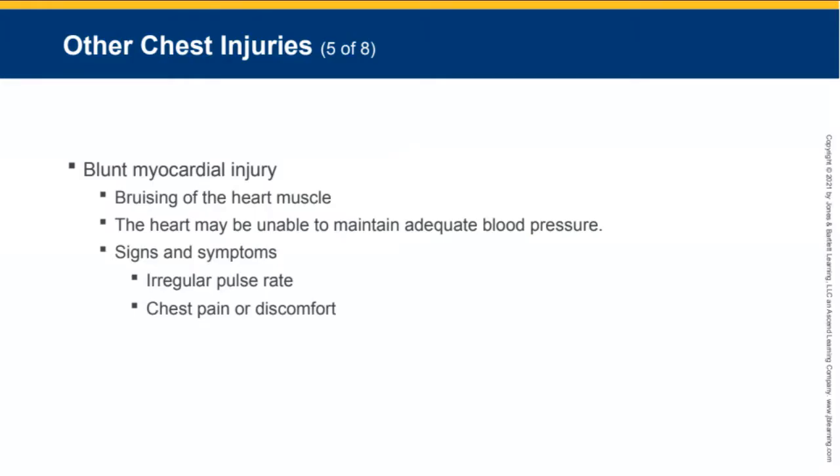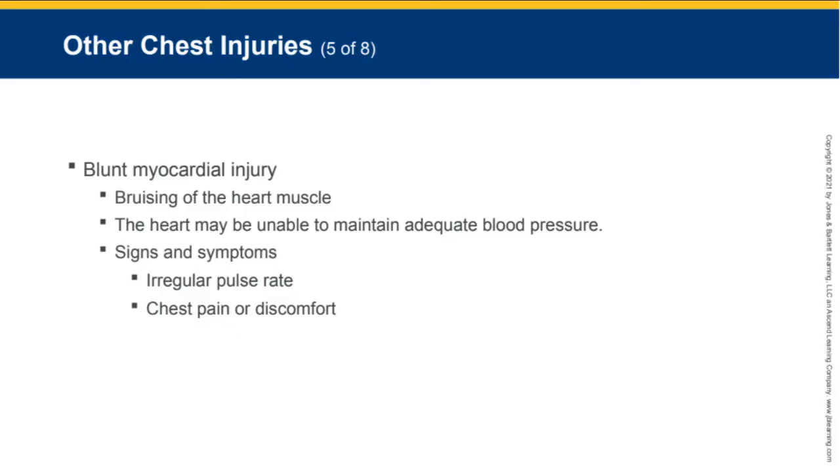Now, blunt myocardial injury, bruising of the heart muscles. The heart may be unable to maintain adequate blood pressure. Signs and symptoms, irregular pulse rate. An irregular pulse rate is a red flag finding. If a patient has an irregular pulse rate, their heart rate is abnormal.